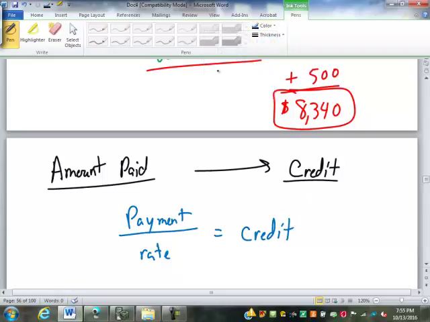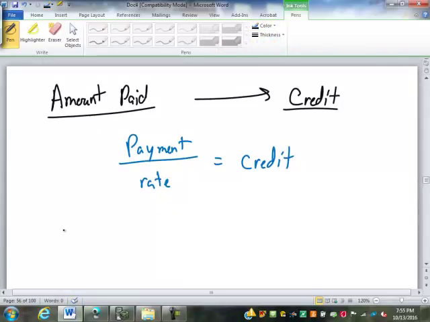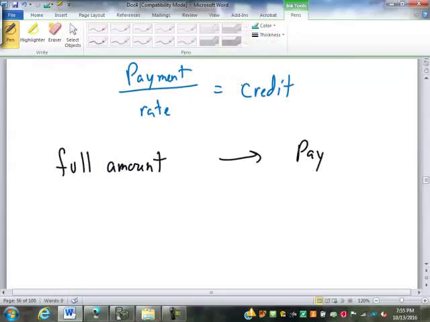If we have the amount of the credit, in other words, if we're paying off the full amount, and we want to figure out how much we're going to have to pay, it is that full amount times that credit rate, that discount rate, to get how much we have to pay. So in this case, we were paying off the full amount, so we're multiplying by the rate to get how much we have to pay.